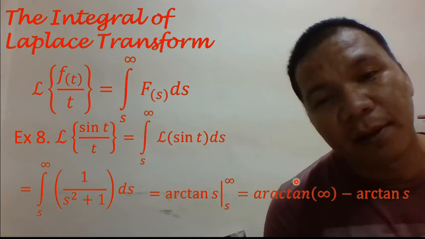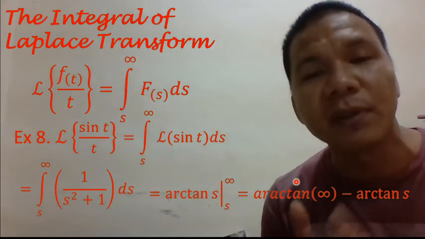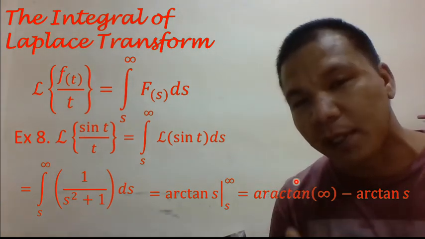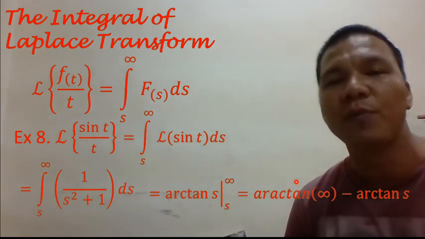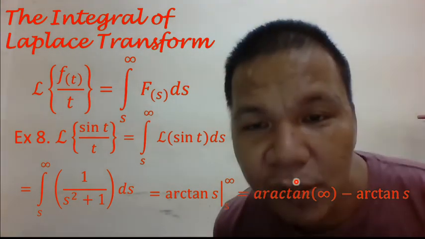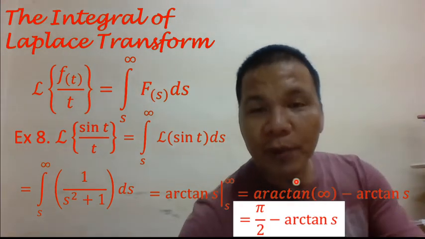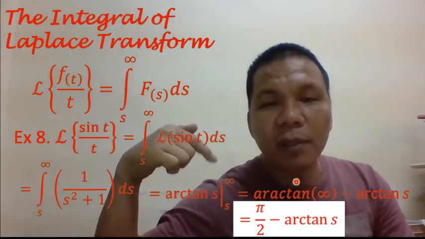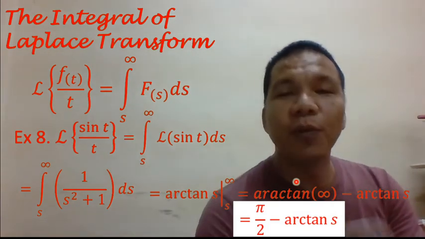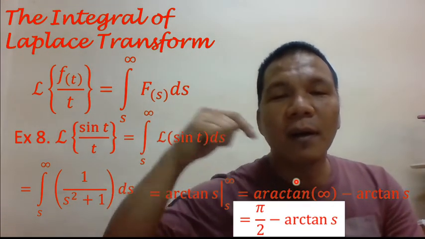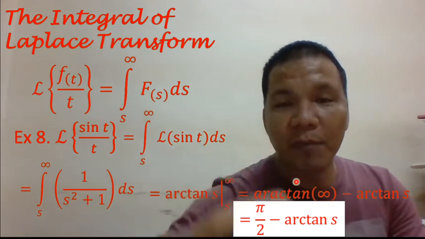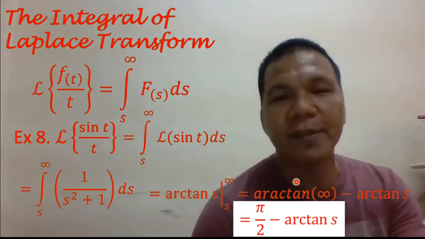So the arctangent of infinity becomes pi over 2. Any questions? That will become pi over 2 minus arctangent of s. That would be the final answer.